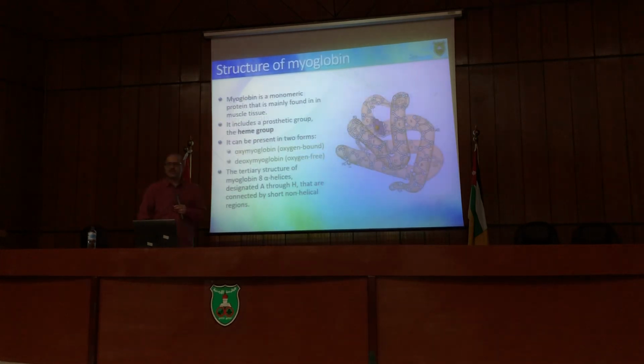So let's look at the structure of myoglobin first. Myoglobin is a monomer. It's made of one polypeptide chain. So it has primary structure, secondary structure, tertiary structure, but it does not have a quaternary structure.